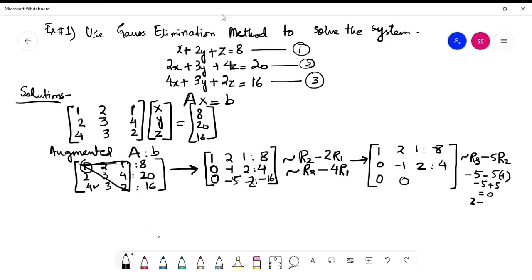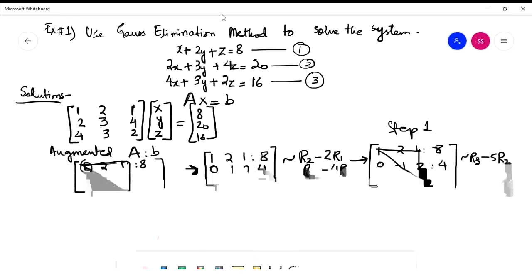And then minus 2 minus 5 into 2, so minus 2 minus 10 makes it minus 12. And the third one is your constant vector: minus 16 minus 5 into 4, minus 16 minus 20, that makes it minus 36.